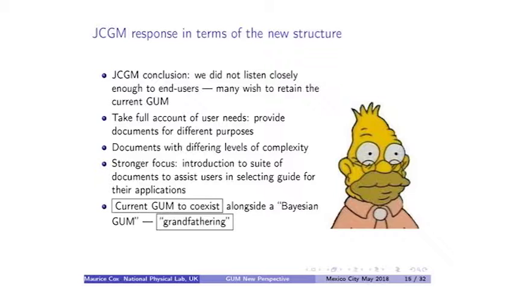Those metrologists and colleagues who want to do a fuller job can use the Bayesian GUM because it's more appropriate for their circumstances. And this coexistence is called by NIST grandfathering. And I'm afraid this term has caught on and we're using it now. There's the grandfathering.